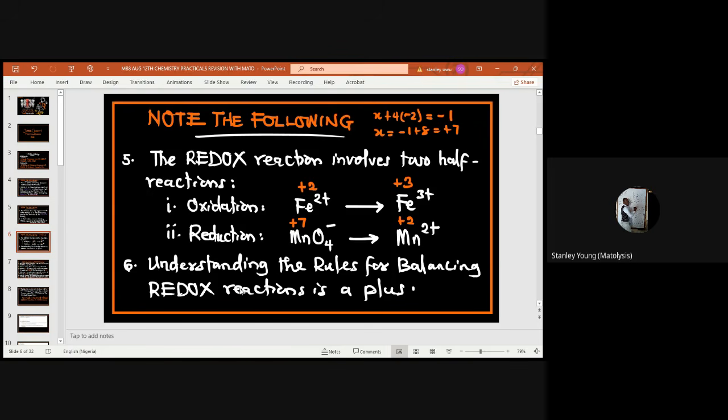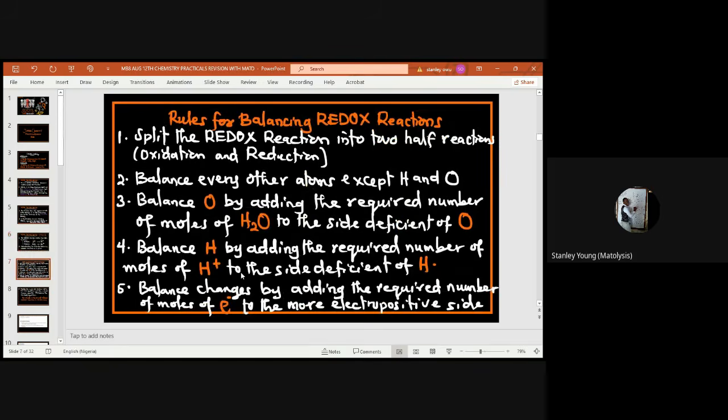Then 6. Understanding the rules for balancing redox reactions is a plus here. You might escape it in this exam, but if you know how to balance redox reactions, it's a plus. So I have the rules summarized. Rules for balancing redox reactions. The first approach is to always split the redox reaction into two.